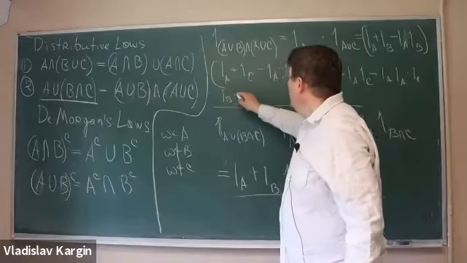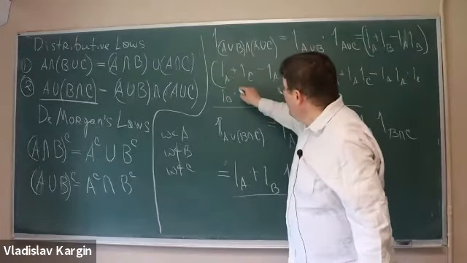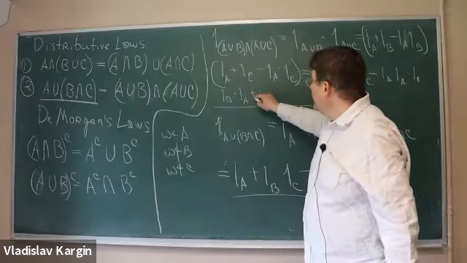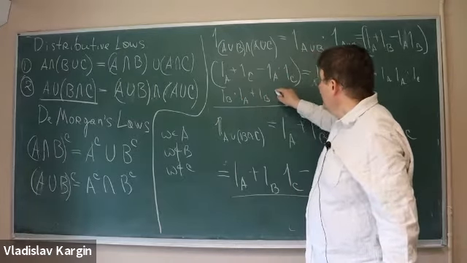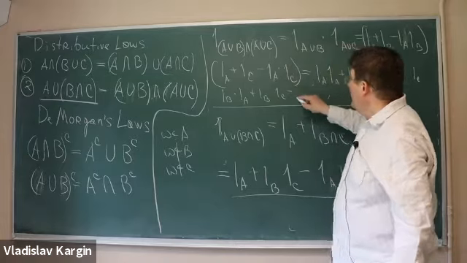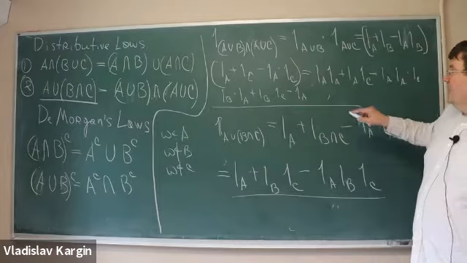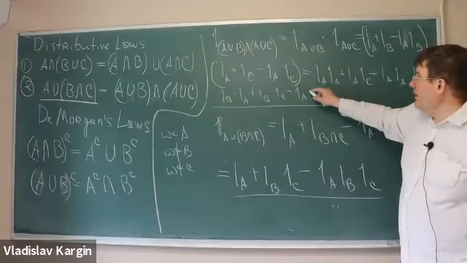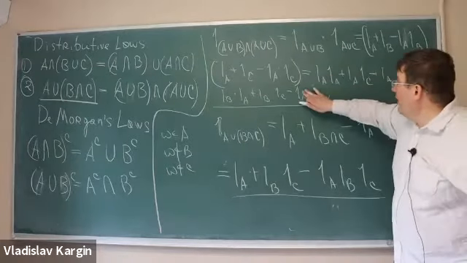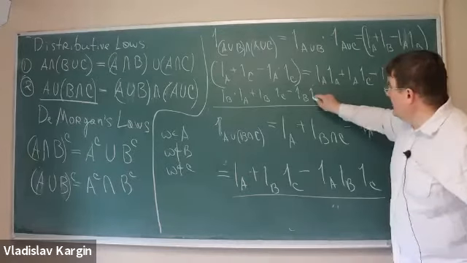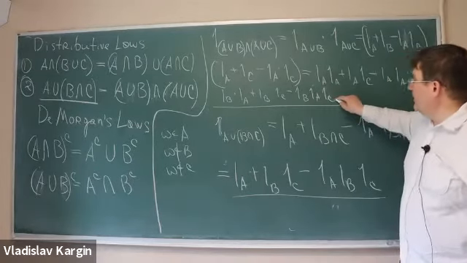And after that, I write 1B multiplied by 1A plus 1B multiplied by 1C minus 1B multiplied by 1A multiplied by 1C.